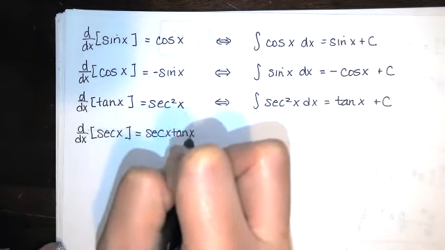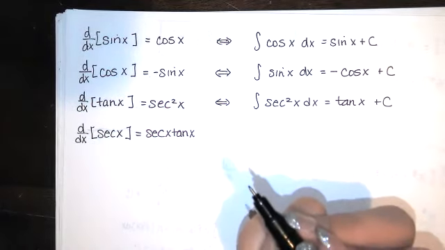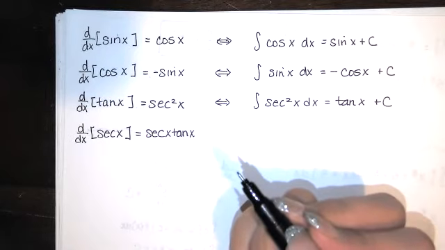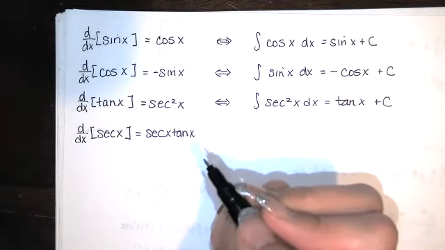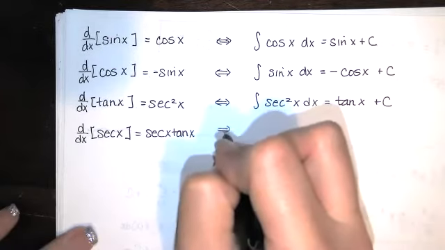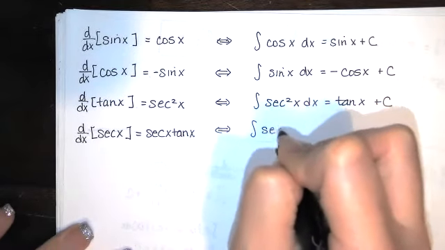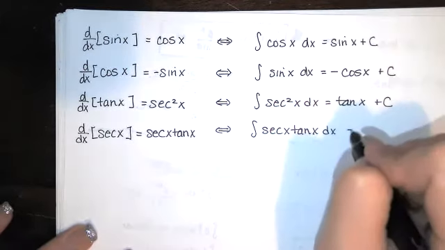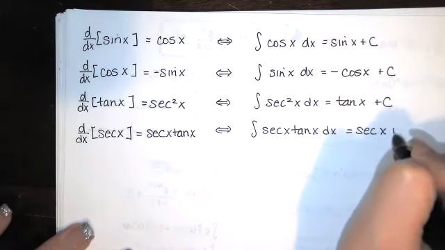Now both trig functions need their own angle. So the derivative of secant of x is secant of x tangent of x. So the antiderivative of secant x tangent x is secant of x plus c.